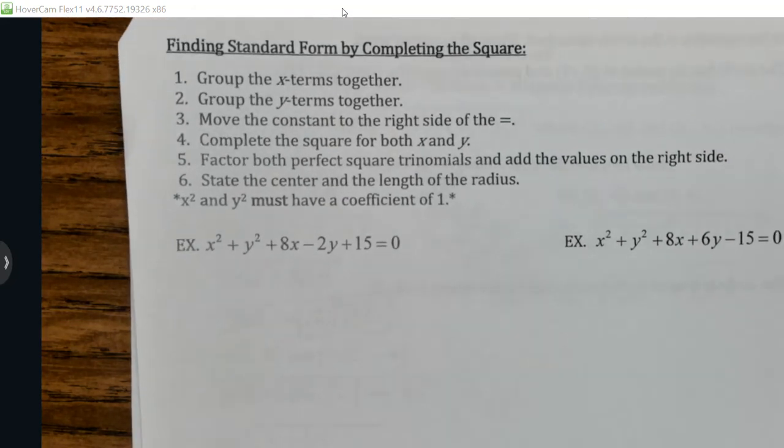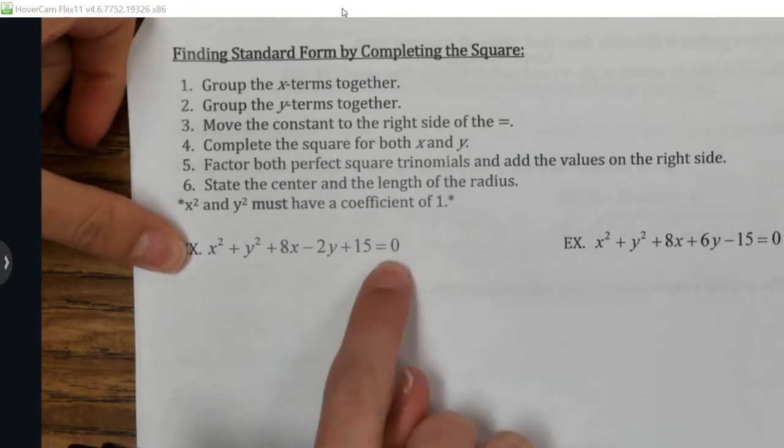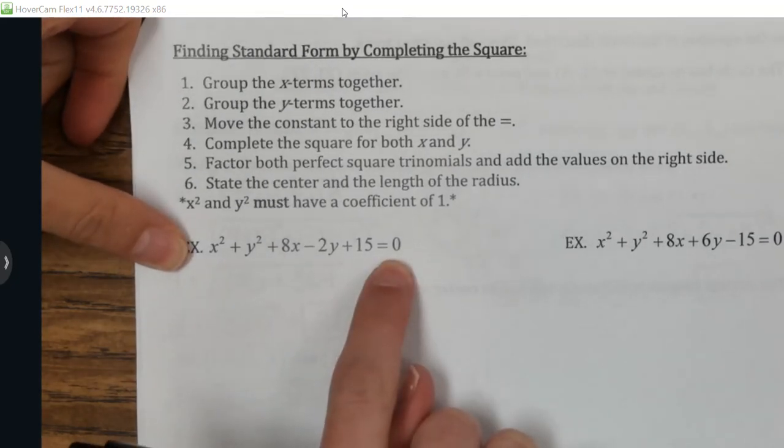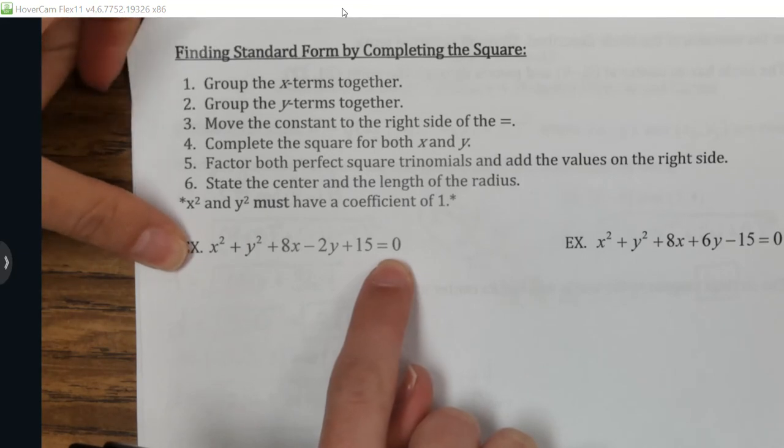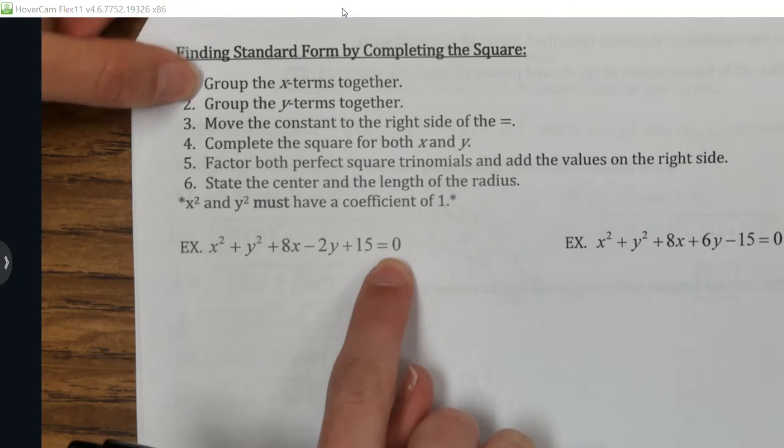Okay, now, if I'm giving you this long equation, we've got to get it into the form that we've been working with. That gives you the center. So I'm going to group my x terms together, group my y terms together. I'm doing that because I'm completing the square for your x's and for your y's.